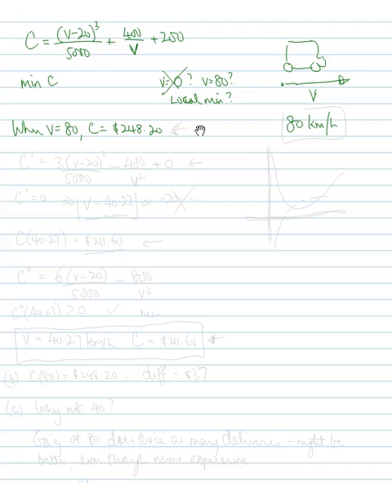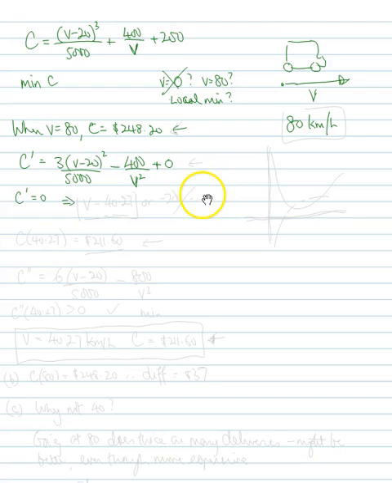Now we need to figure out the local minimum and see whether that's actually less than what we get here. So we differentiate. You can use a calculator if you want to, but this one is easy enough to do by inspection. 400V to the minus 1 differentiates to minus 400V to the minus 2, plus 0 for the constant, and then we set it equal to 0.